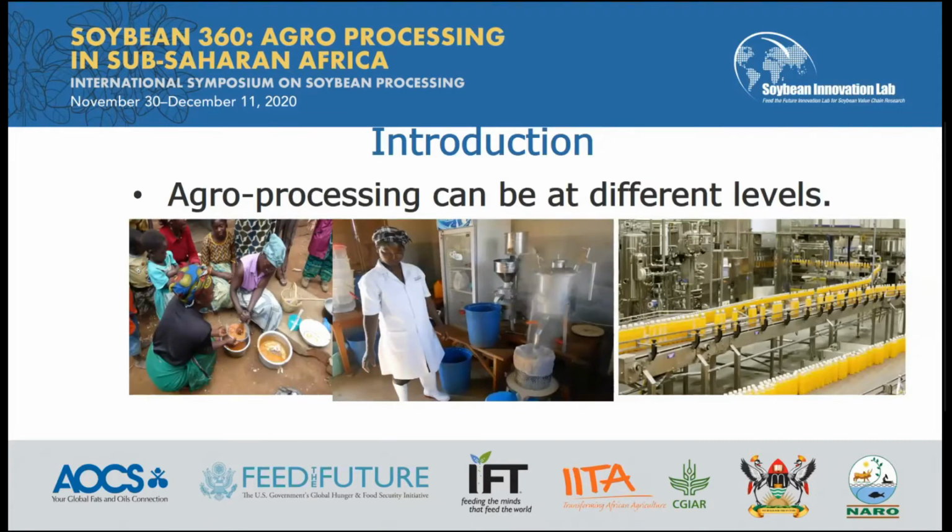Yeah, so this agro-processing that we are talking about, more specific to Malawi, you can talk about it at different levels. Agro-processing at household level, where the emphasis is to process for household consumption.